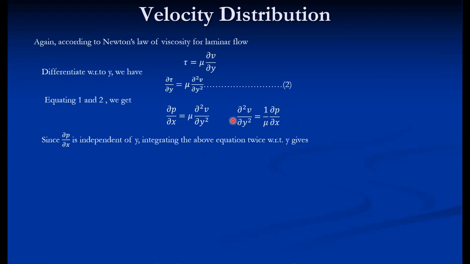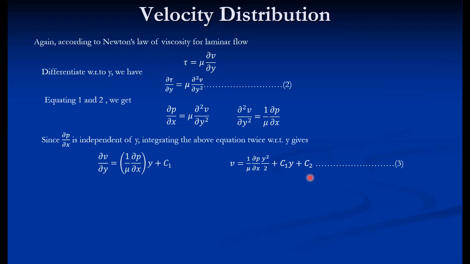So integrating the above equation with respect to y, that is ∂v/∂y is equal to 1/μ ∂p/∂x y plus c1. And the second integration we have, that is 1/μ ∂p/∂x into y²/2 plus c1y plus c2. Call this equation number 3.